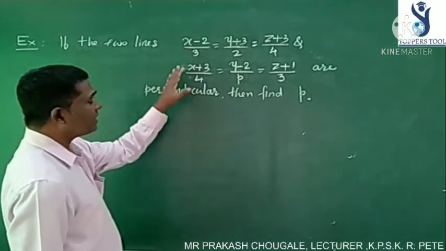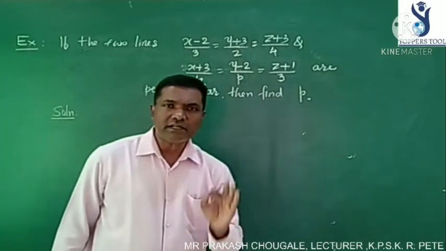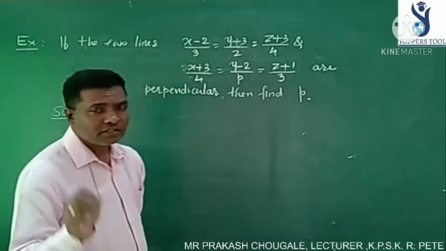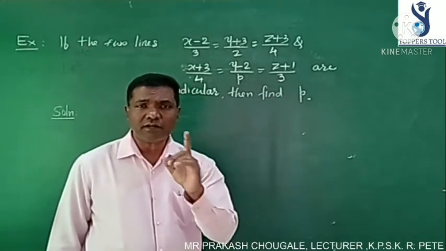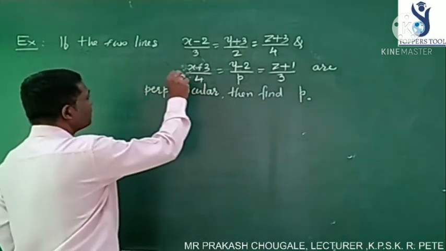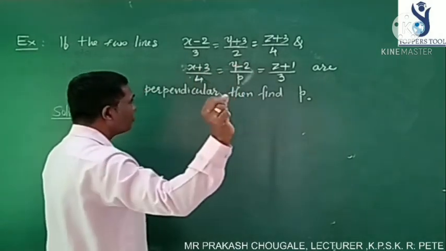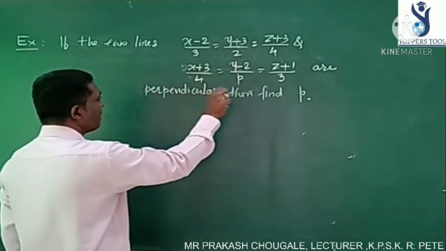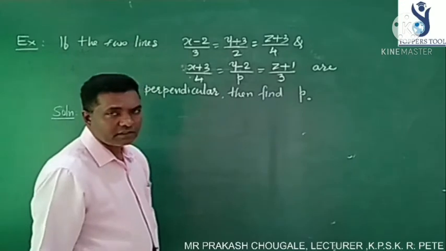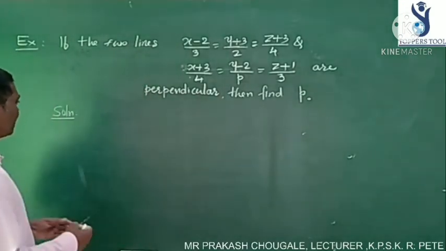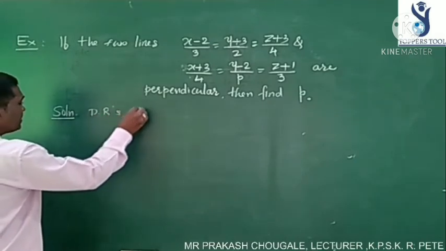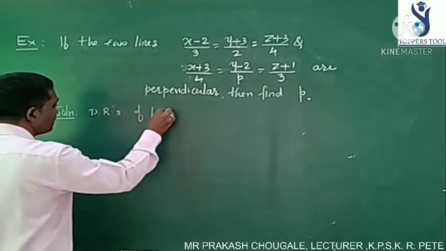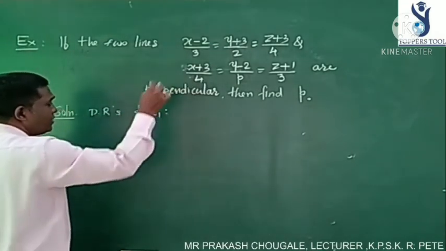First confirm whether they are in the standard form, meaning the coefficients of x, y, z must be 1, 1, 1. So look at this, 1, 1, 1 we have, no problem with this. 1, 1, 1, no problem with this. Now we can write directly the direction ratios of L1. I can call it L1 and this is L2.